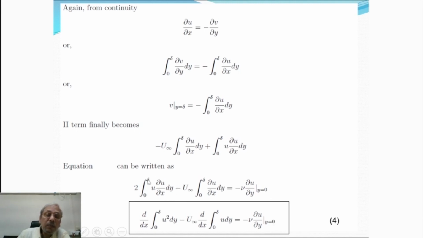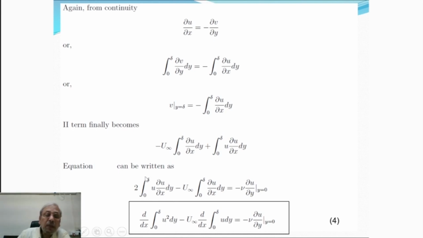Now you can see one operation, that is the differentiation which was within the integral sign, that operator has been taken out, and we have written d/dx of integral 0 to delta u square dy.